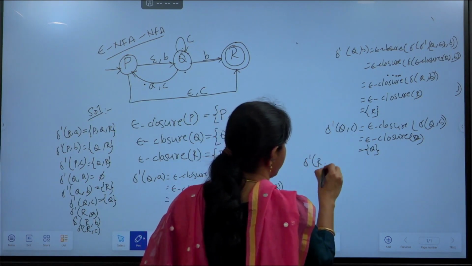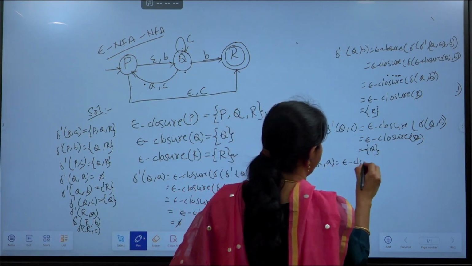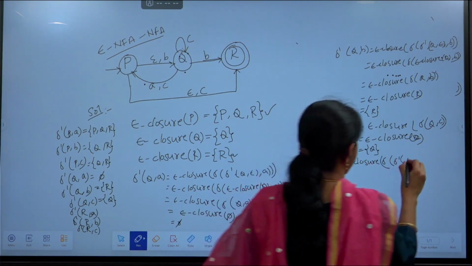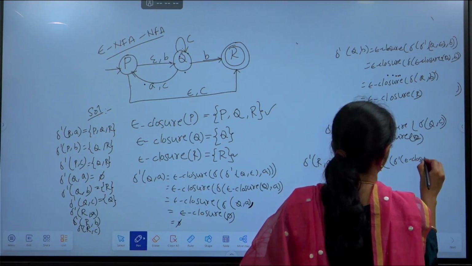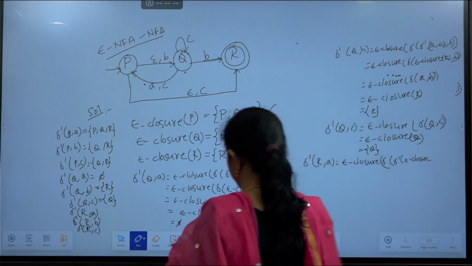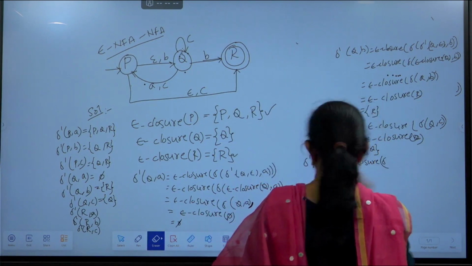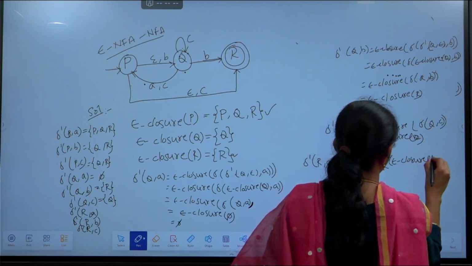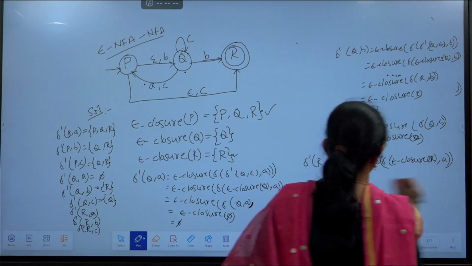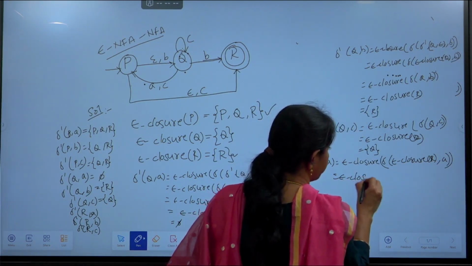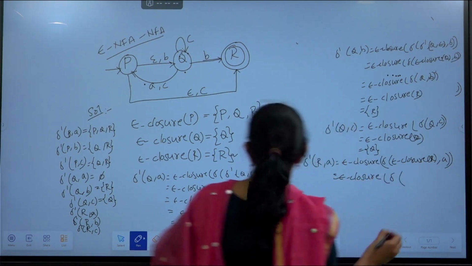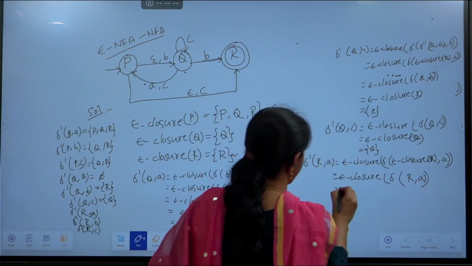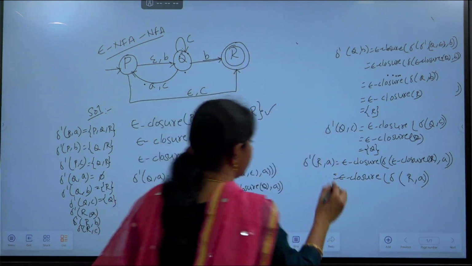Same, apply for delta dash of R comma A. Delta dash of R comma A means epsilon closure of delta dash of epsilon closure of R comma A. So that means delta of epsilon closure of R on input alphabet A. Epsilon closure of R means R itself, R comma A. R on input alphabet A, we don't have any transition, right?